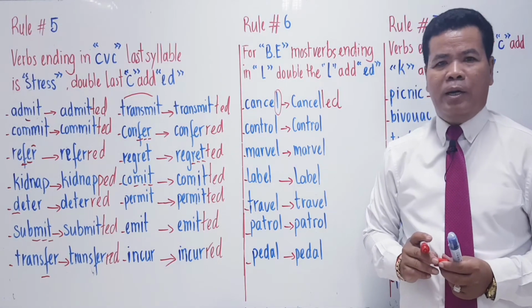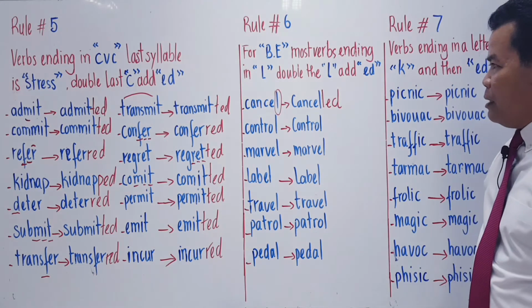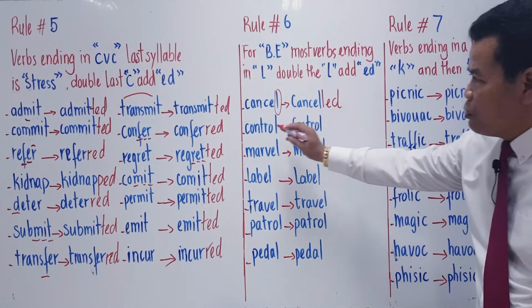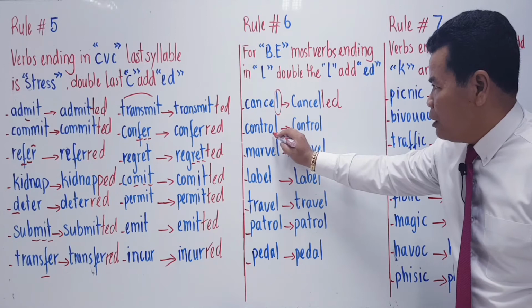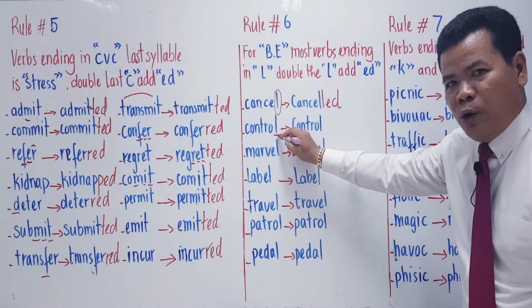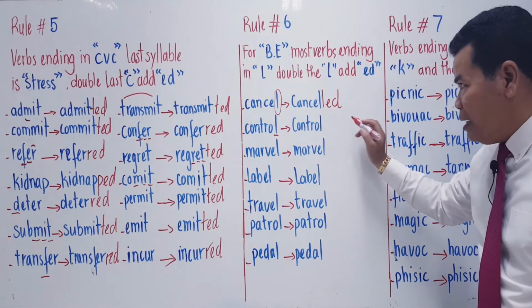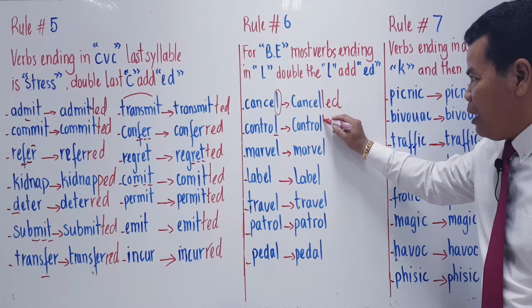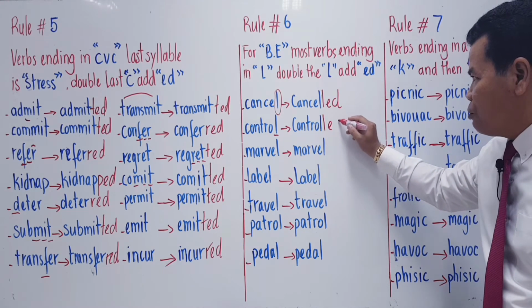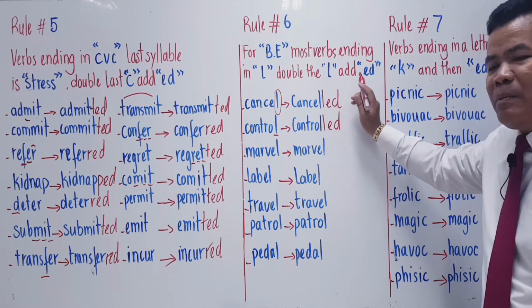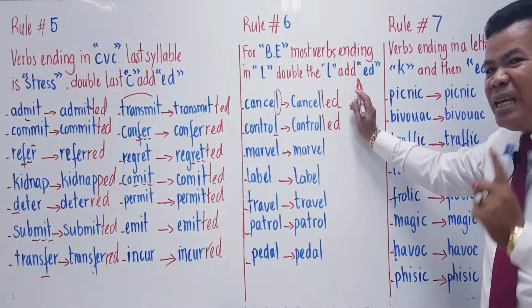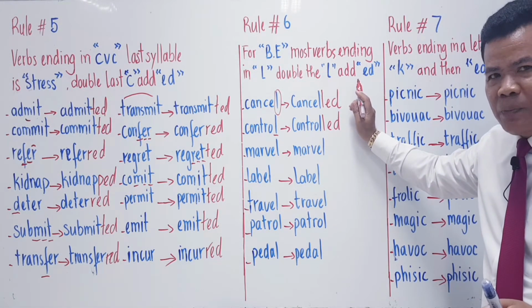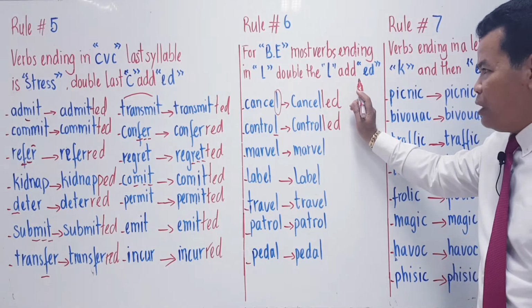Cancelled, okay? Let's go to the second example, control. L is at the end of the word. Before adding ed, we have to double one more L here and then ed: controlled. What I mean now is related to BE, as I told you many times, British English, not American English.